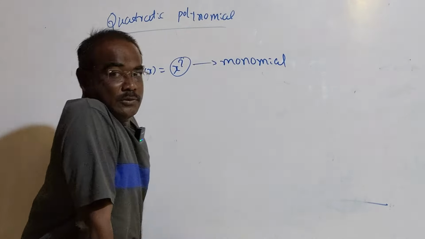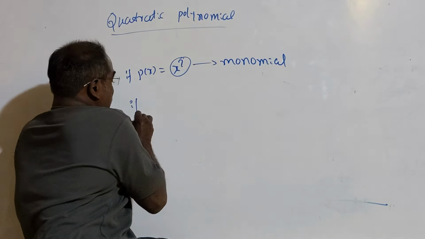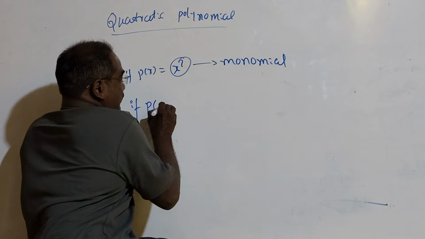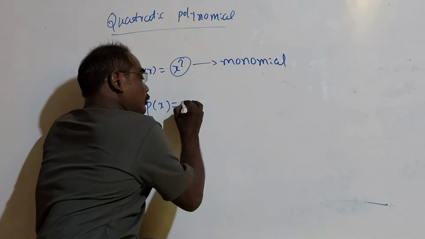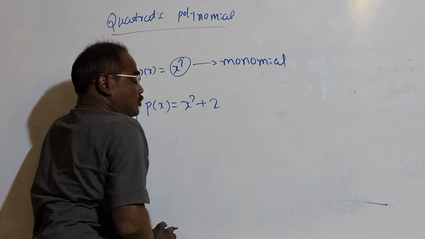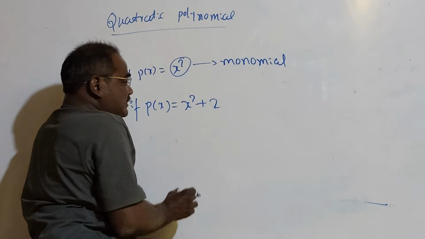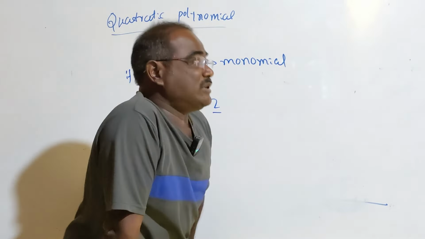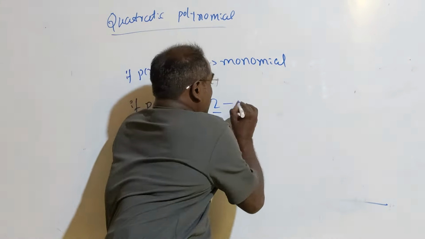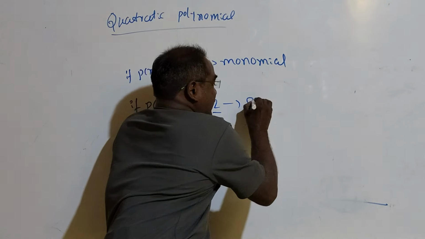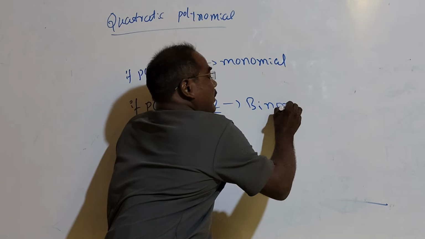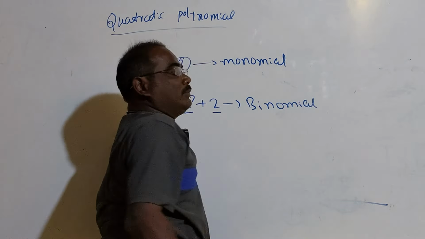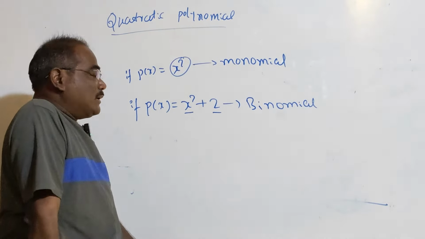Its name is monomial. Suppose p of x equal to x square plus 2, how many terms are there? 1, 2. Two terms are there. If there are two terms, then it is called a binomial.